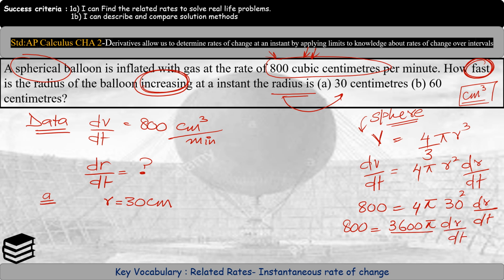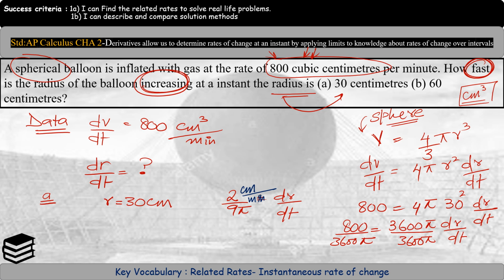Now divide both sides by 3600 pi, and you will get 8 over 36, which is 2 over 9 pi, equals dr by dt. Now, for the units, the unit of the radius will be centimeter, and the unit of time will be minute, according to the question. So 2 by 9 pi is given to you.